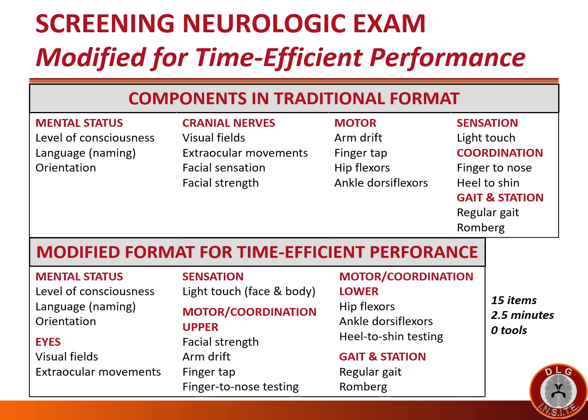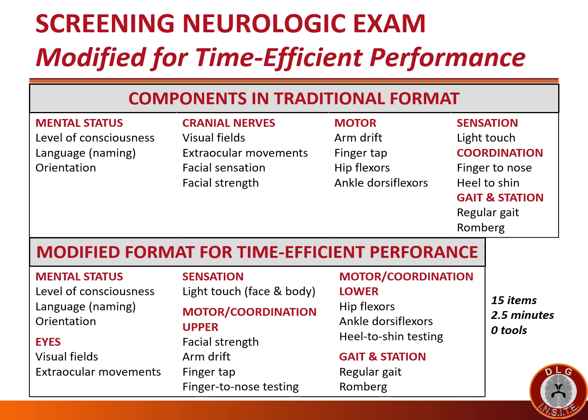However, for the training of the screening neurologic exam and its performance, we have modified the format for time efficiency into 6 slightly different categories. Mental status stays the same: level of consciousness, language, and orientation.